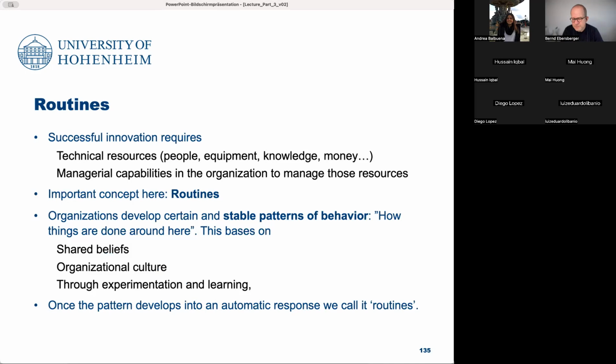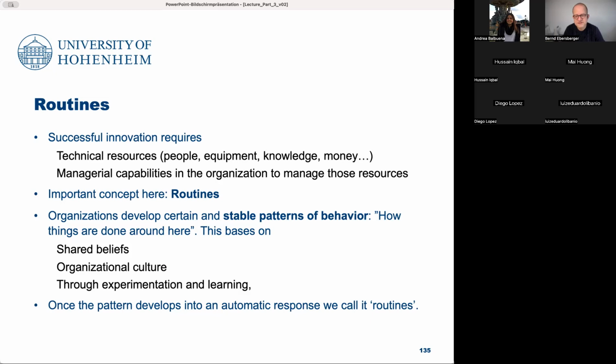And we believe that we can find routines in these organizations that help these companies generate stable patterns of behavior that help them to be innovative over a longer period of time. So a routine is, as I said, a stable pattern of behavior.